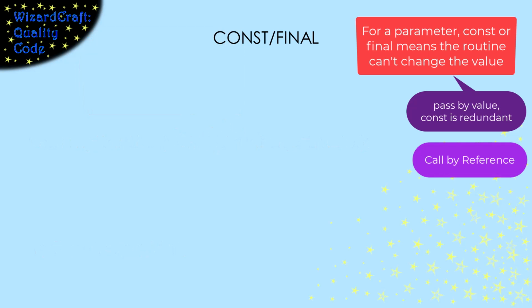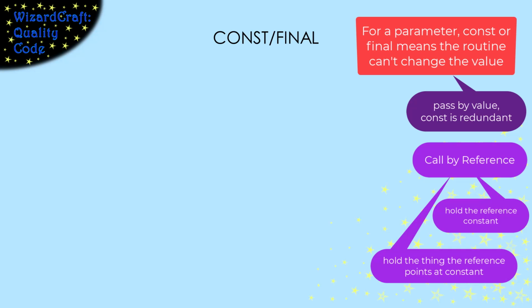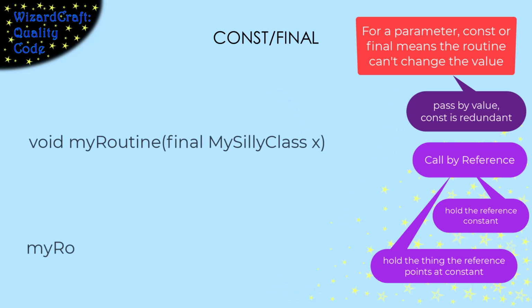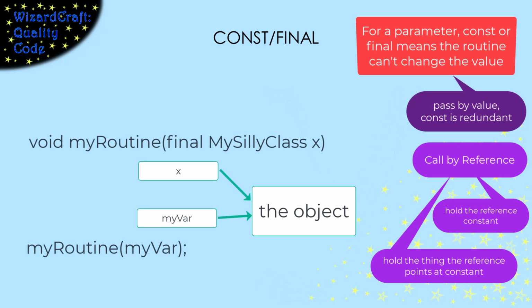When we use const or final with pass by reference parameters, there's some inconsistency in what is actually held unchangeable. There are two things the const could affect: the reference you're given, or the thing the reference points at. For example, if you pass an object into a method in Java, it gets passed by reference. The parameter points at the same object the caller is using.